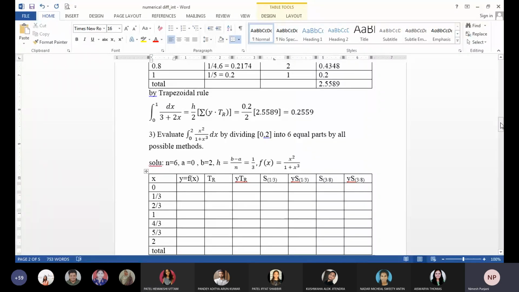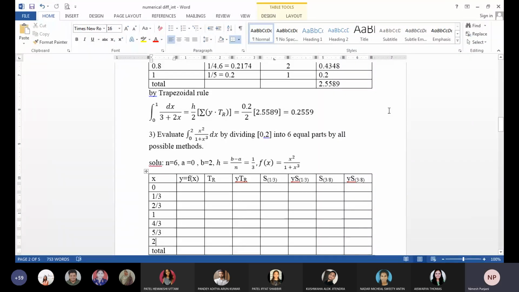The next would be 7/3, but that is not required because we have to go only up to b, so when the value of b has come, we have to stop. We are integrating from 0 to 2, so 0 is my x0 and b is my xn, which is 2. Whenever the value of b comes, that is the time you have to stop. Do not solve further, okay?